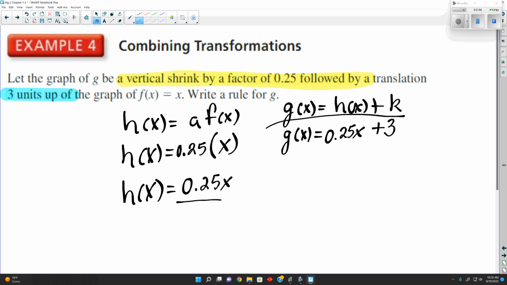No? So it works out that this here is the final answer. So when we combine them, it's not any different than what we've been doing before. We just have to do multiple of them together, one after the other. And we're always going to go in the order in which they are listed. So any questions on this here?